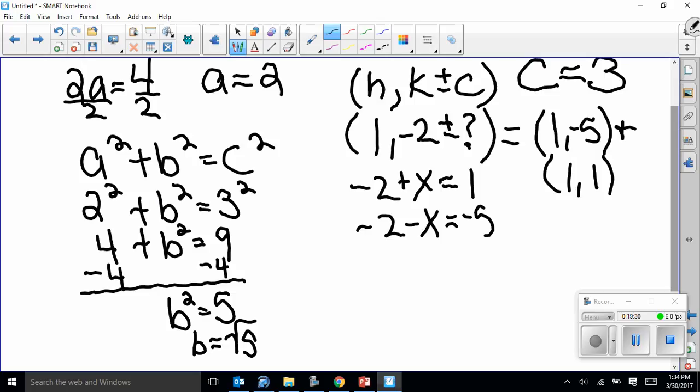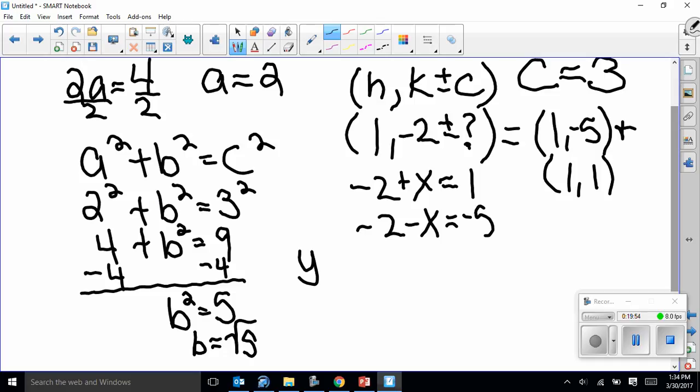So b squared equals 5, which means b equals the square root of 5, but for the formula we just need to know what b squared is. Then we can put it all together. We have our center. This one we said was vertical, so we have y. What was our center? (1, -2).